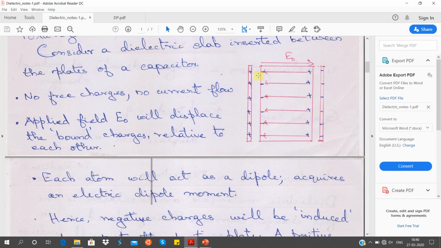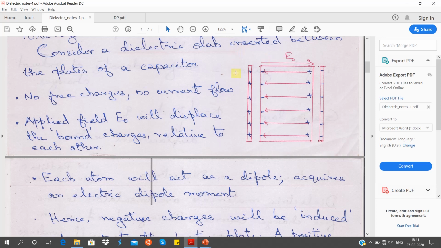A pair of charges separated by some distance is defined as an electric dipole. So this displacement of the bound charges within the dielectric has resulted in many dipoles. You get one dipole here on the top, then another, then another, and like this you get many dipoles.